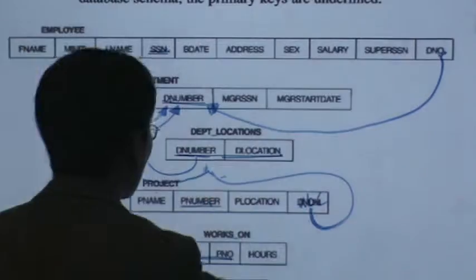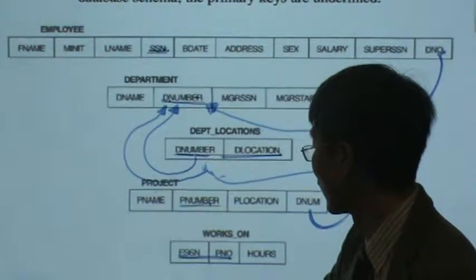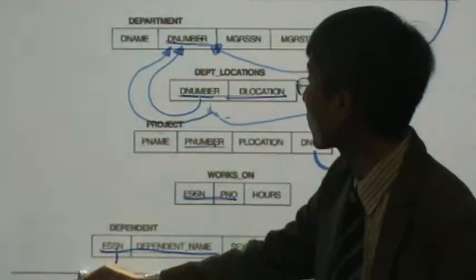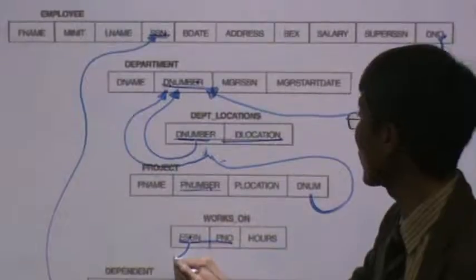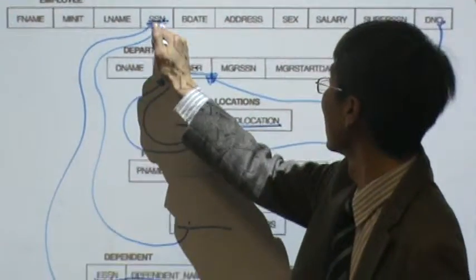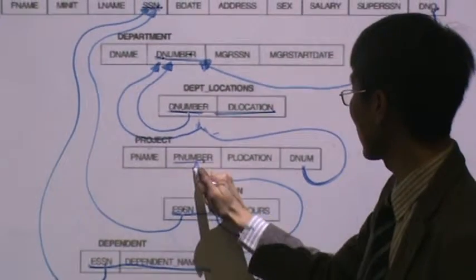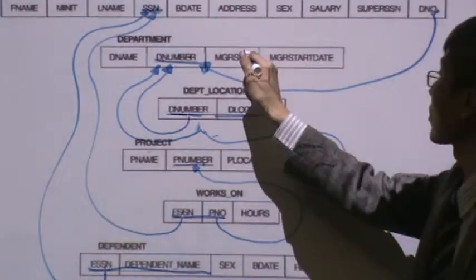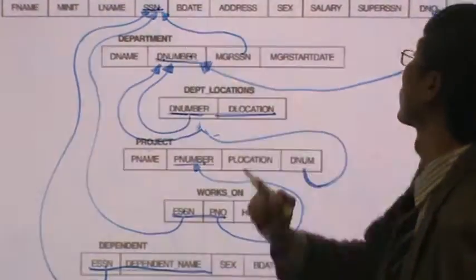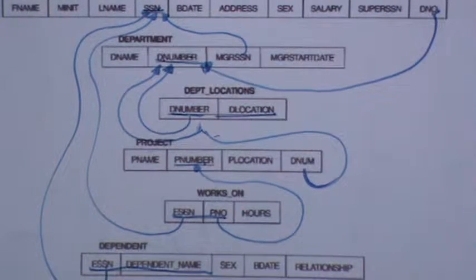What else? Can you find anything else? ESSN is the employee SSN from SSN. And also this one, and PNO is the P number in project. This manager social security number should be here. That's it? No, there might be one more.